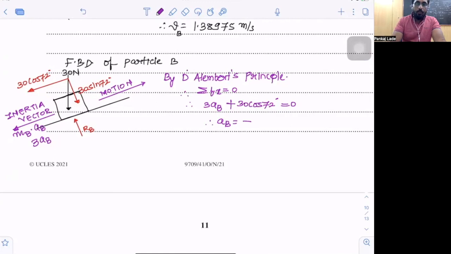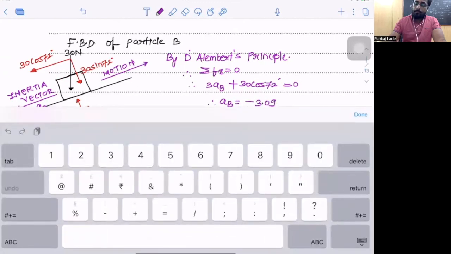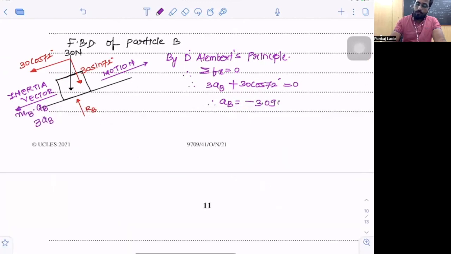Let's confirm it one more time. That's 30 into cos of 72, and this value gets divided by 3. So it's 3.09017. So that's acceleration of B.